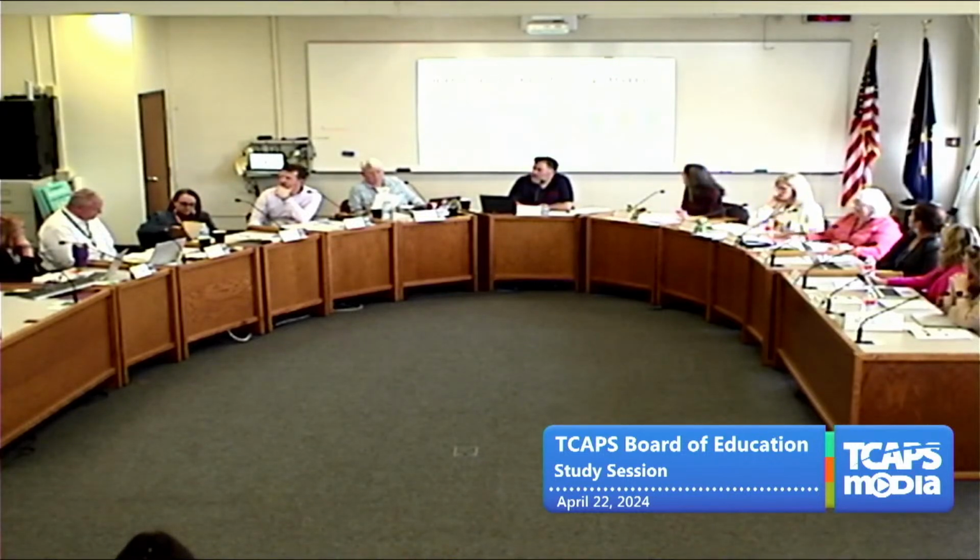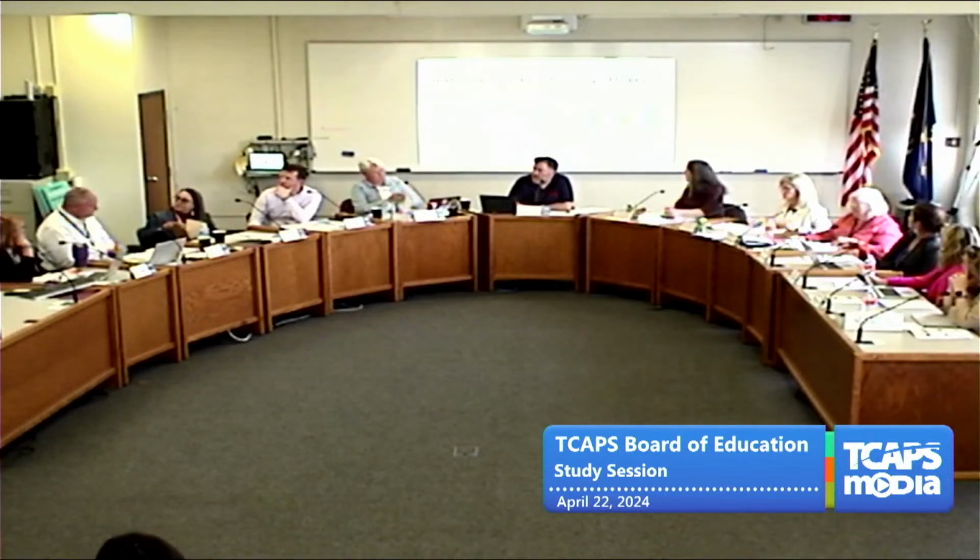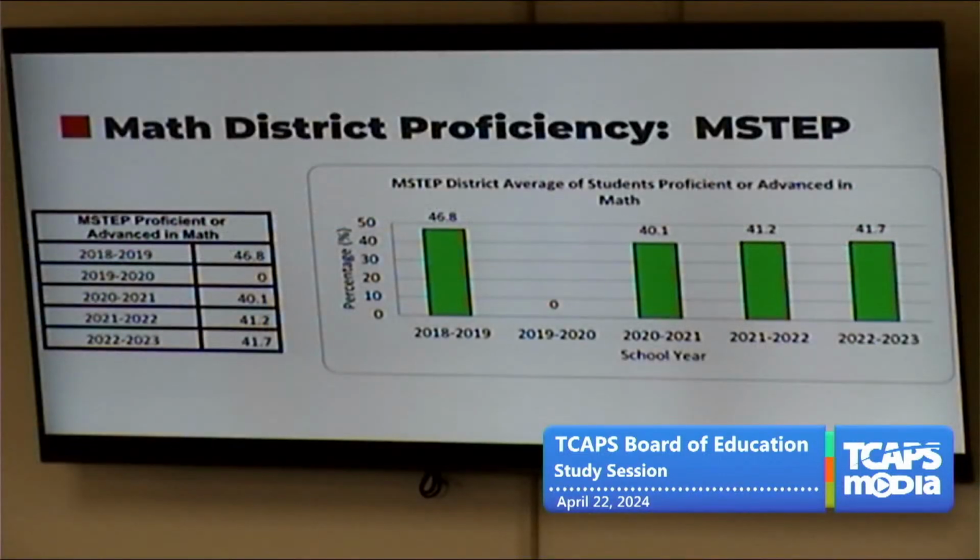Okay, and this is then a look at that MSTEP proficiency. In 2018-19, we're at 46.8%. Then we saw a dip coming back in 2020-21 to 40% of our students proficient on MSTEP. Then again a modest growth of just over 1% to 41.2% of our students in 21-22.